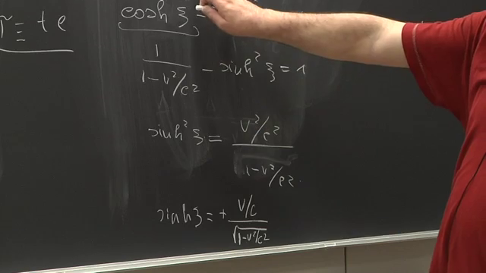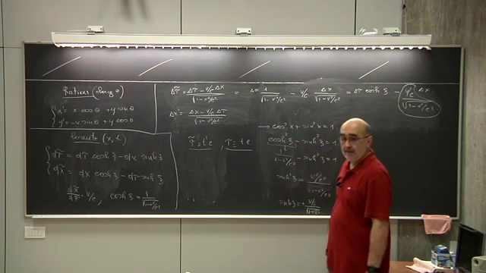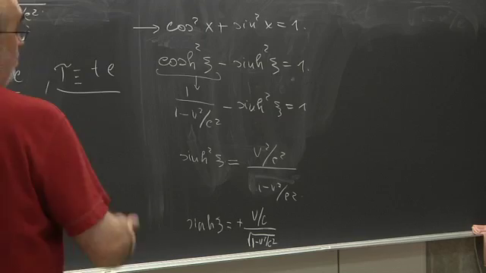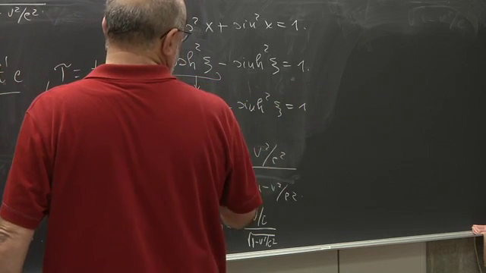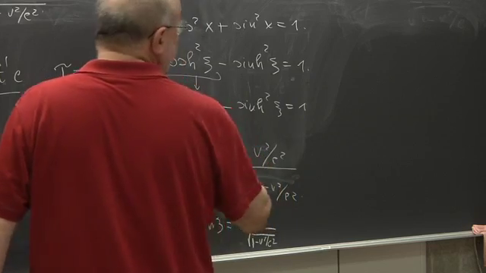So you understood. I started from the analog of this, that is this. I inserted the expression of cosine hyperbolic, that is this. Here I put the square, of course, and then I get this relation. From this relation, I get that sine hyperbolic squared is this.